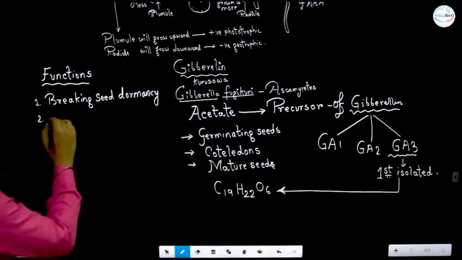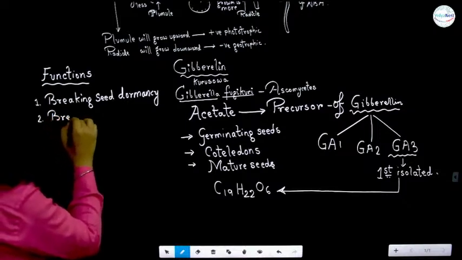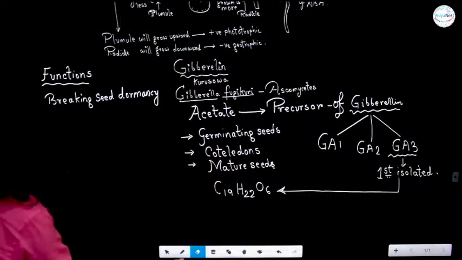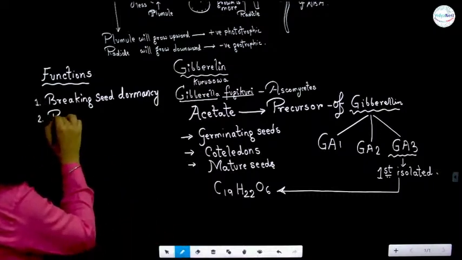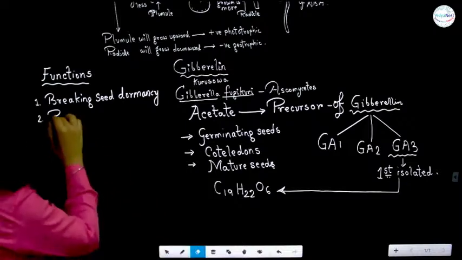Second is removing or eradication of genetic dwarfism.